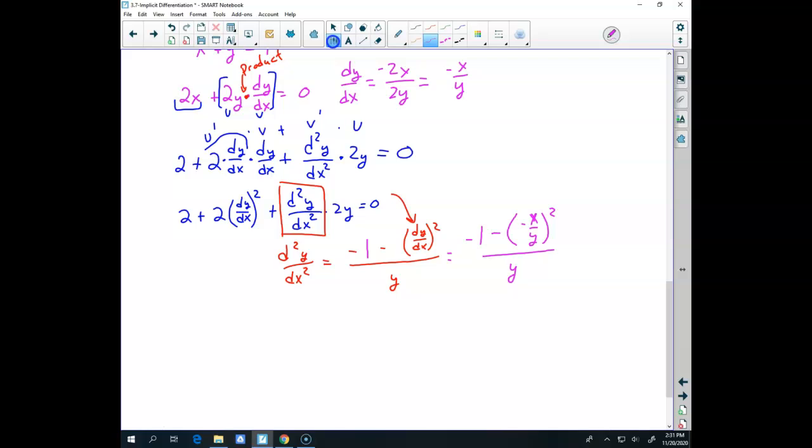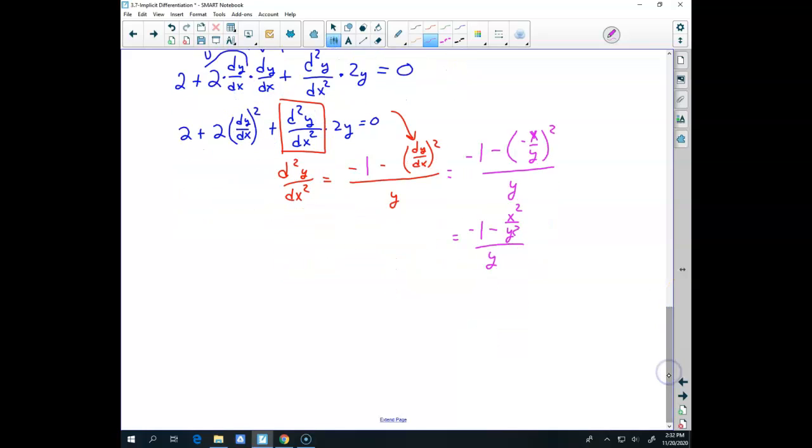Well, what happens when I square that? I get negative 1 minus x squared over y squared over y, don't I? Well, common denominators. This is going to give me y squared over y squared, it's still negative though, equals minus x squared over y squared over y over 1.